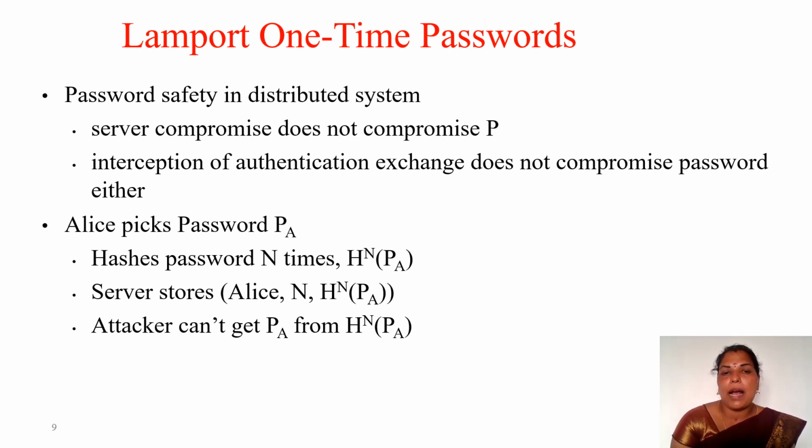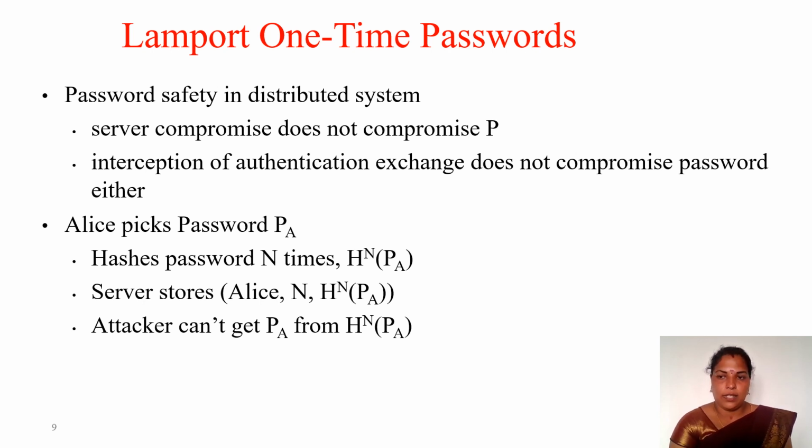That is, Alice has a fixed password PA, which is hashed n times, then the server stores Alice and n. Each time the hash value is generated, it is stored. The number of times as well as the hashed password is stored. Then the attacker can't get PA from the stored hash. So if the attacker gets the hash value of the password, it is not possible to get the actual password from that hash value. That is the main thing.